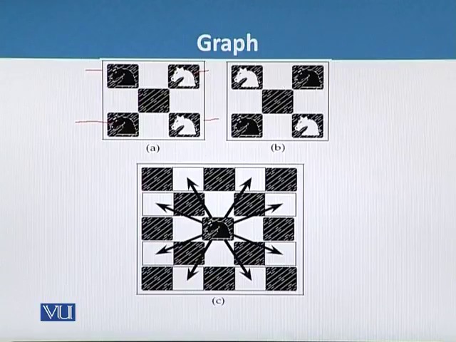The question that will arise is, can they move using the chess knight's move to occupy the positions shown in B? It means that these two black horses are on the left side, and after making their moves, can they occupy the positions in the diagonal? So this is the question of this graph theory.